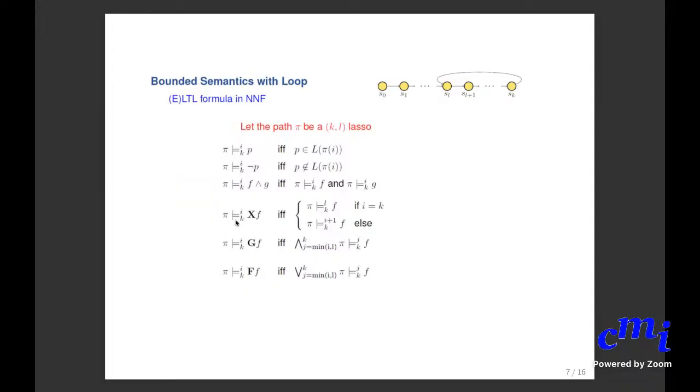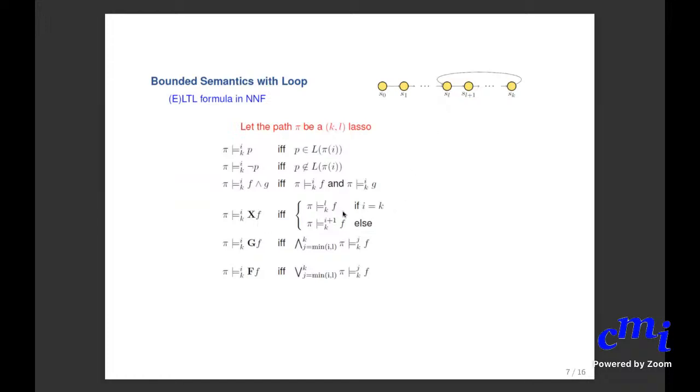Okay, so that is what this is defining. And you will see that we are going to exploit that you can conclusively show the satisfaction for the infinite path that is represented by this lassoing path.